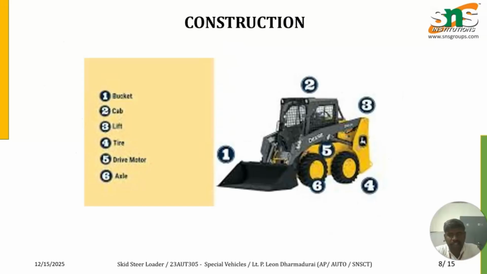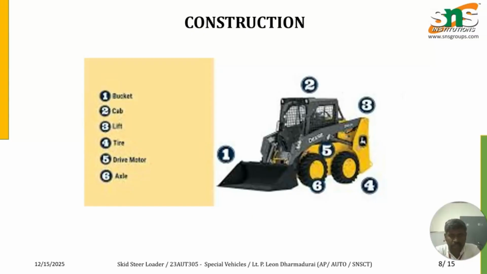In construction, we can see that it consists of a bucket in the front of the vehicle. The entry of the driver is also placed in the front of the vehicle rather than at the side as in other vehicles. The driver cabin is fully protected with a ROPS structure. Lift cylinders are placed in the boom areas, where we can actuate the bucket and the booms.